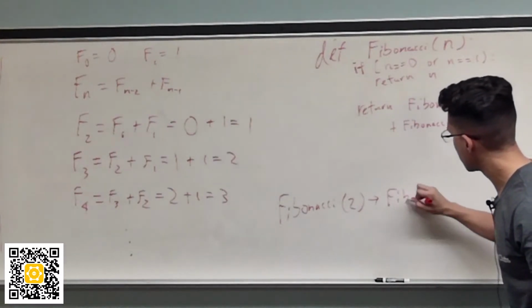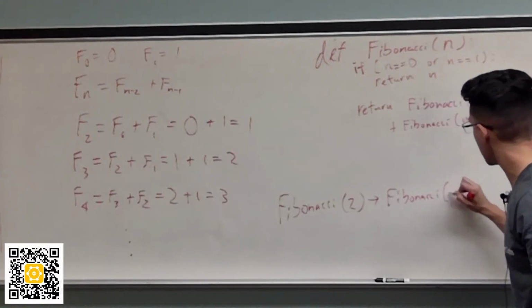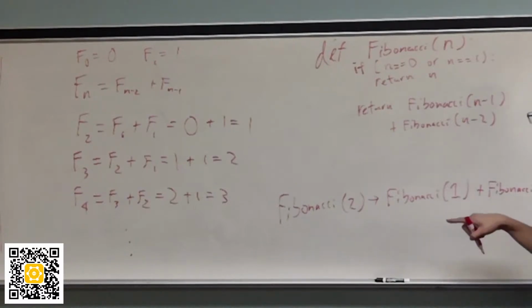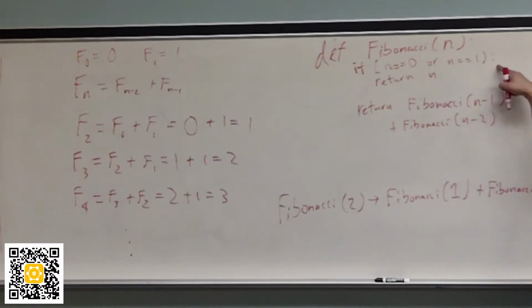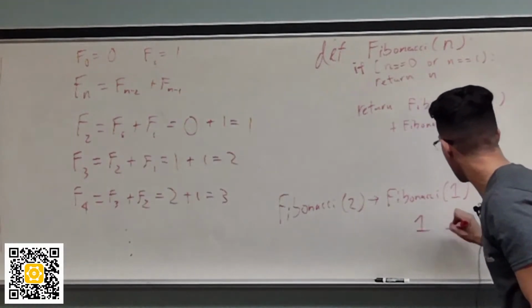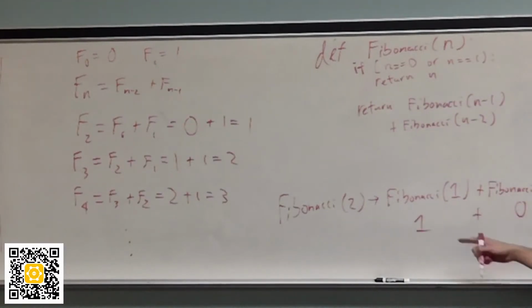I actually flipped it, I was supposed to do it the other way, but it doesn't matter. So how long does Fibonacci of 1 take to run? Constant. Exactly. This is constant time. So this is going to return 1, and this is going to return 0. So 1 plus 0, and you give it to that.